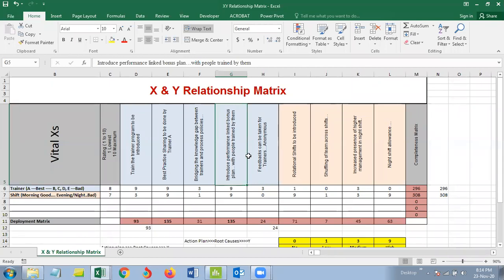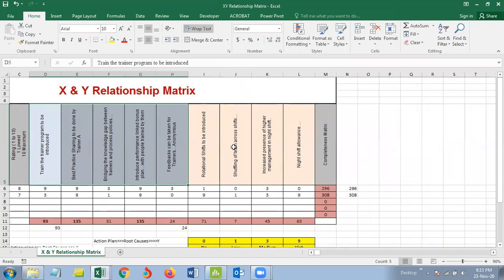I'll have my skin in the game, a vested interest to make sure that you do well, because otherwise I will not make money. You can also take anonymous feedback from the trainers so that you get to know what the real problem is. Bottom line, you can sit down with the team and generate a long list of possible action plans.